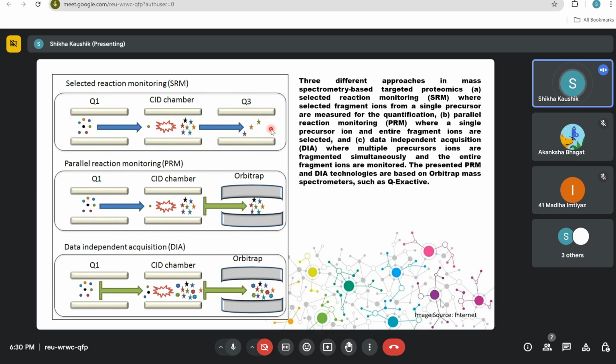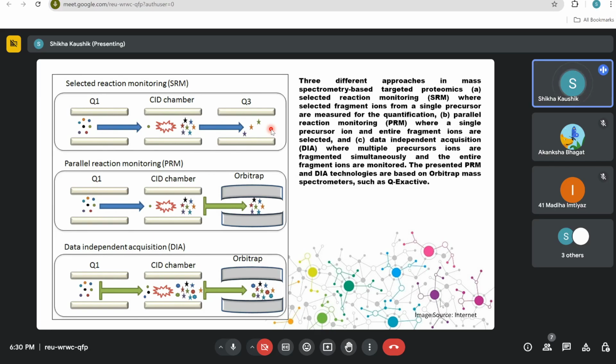So basically selection is happening here. This is selection where you are selecting a particular ion for its detailed study. So in selected reaction monitoring, at each stage you are choosing something.